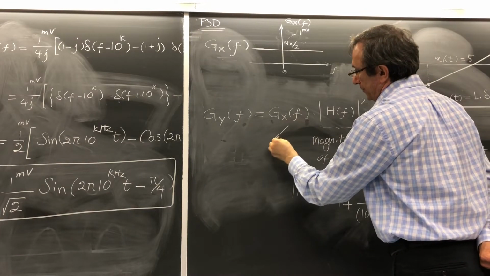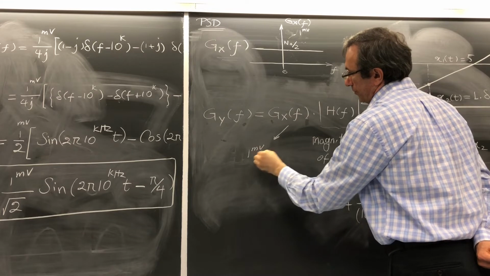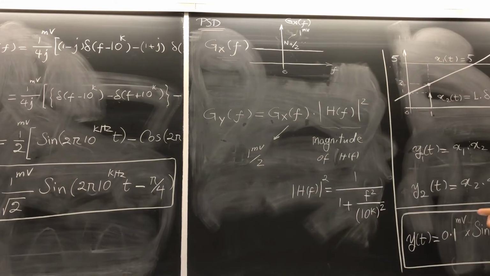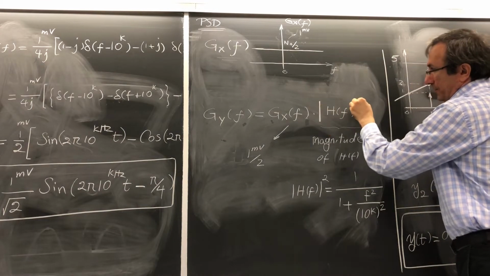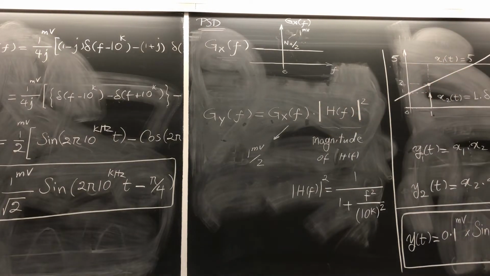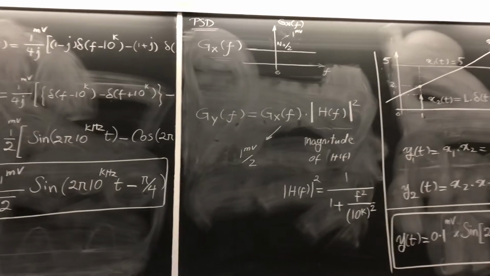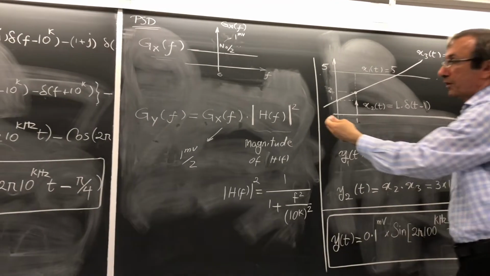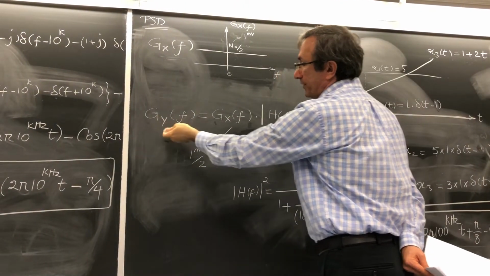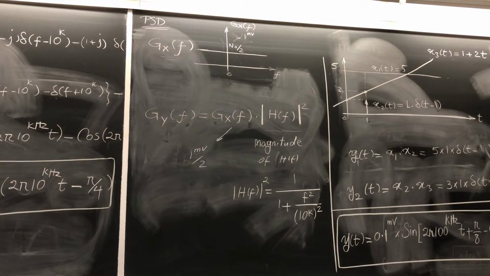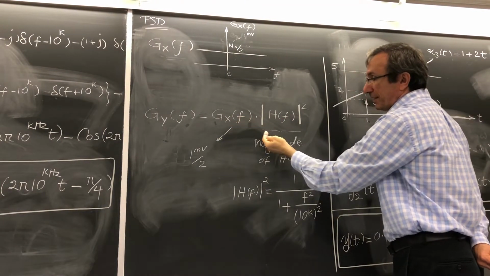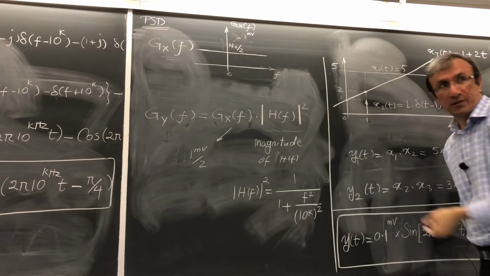Gx of f equals 1 millivolt over 2. Sir, so you're getting rid of the j by the square? Is that what you're doing? No. See, these two lines denote the magnitude of a complex number, complex function, whatever. So the relationship we've got for the PSD of the output of a random signal is the PSD of the input times the magnitude of the transfer function squared.